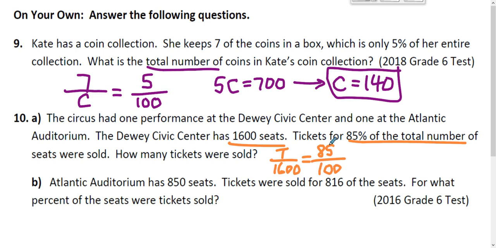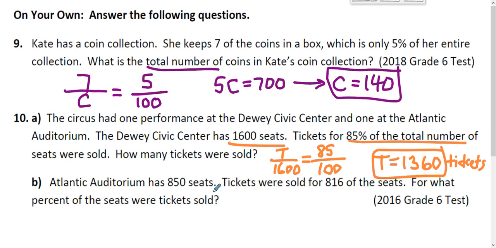And you can do the cross multiplication here. It's not terribly difficult, and find out that there are 1,360 tickets sold. And that makes sense. That's a part of the whole. It's not the whole, but it's close, and we know that 85% is close to 100%. So we'd expect an answer that was less than 1,600, but only slightly.